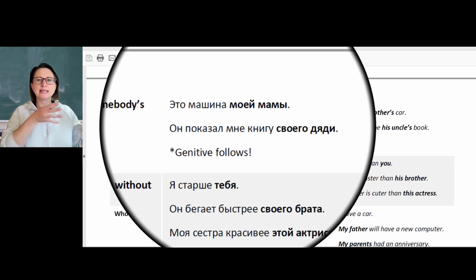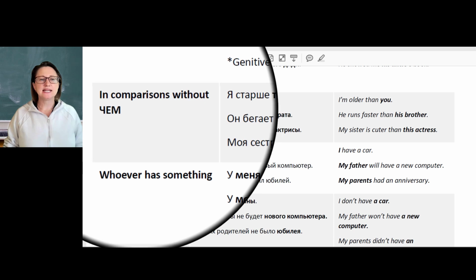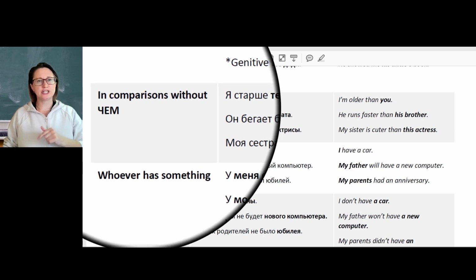So we basically are saying this is the car of my mother. He showed me the book of his uncle. Let's take a look at the Russian examples. Это машина моей мамы. Он показал мне книгу своего дяди. And again, genitive follows.